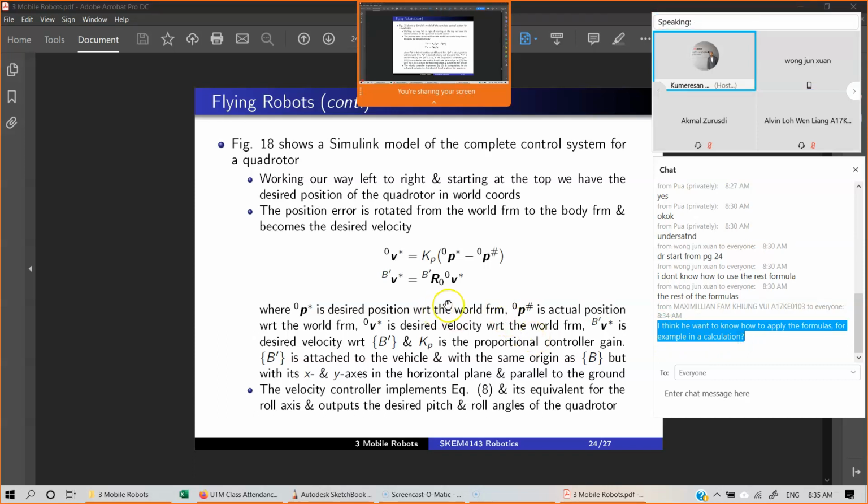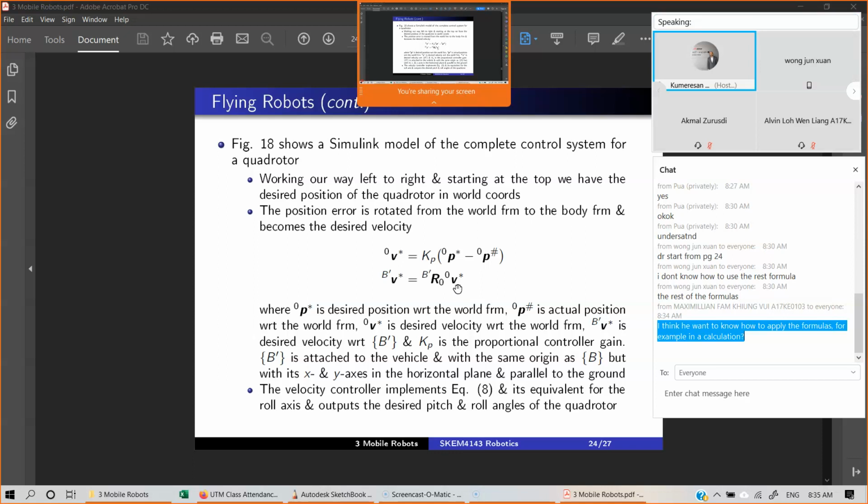So first of all, you have to understand what is V prime zero. Wong, do you understand what is V prime zero? Desired velocity in what coordinate frame? In world coordinate frame, exactly, right?